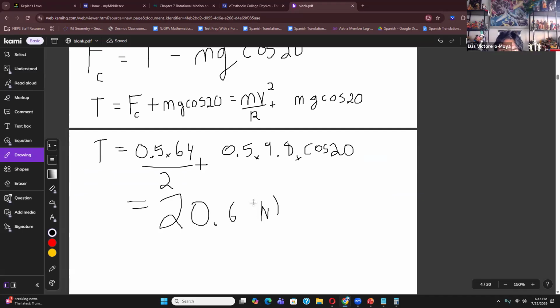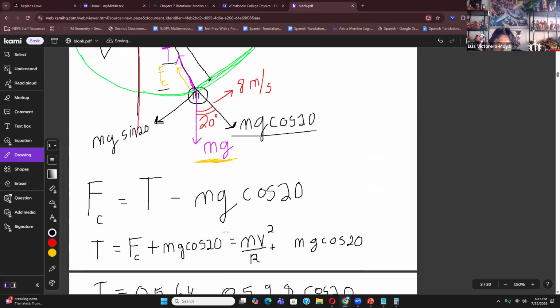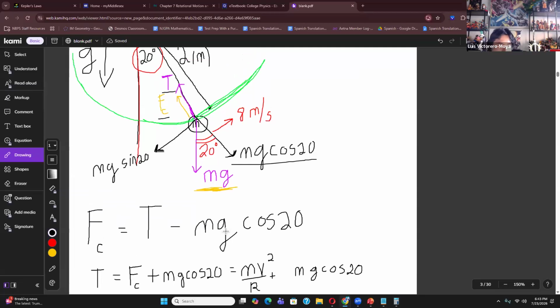See, guys? Any questions about that? That's why the whole idea of components and inclined planes is important, because they come back a lot in different applications.